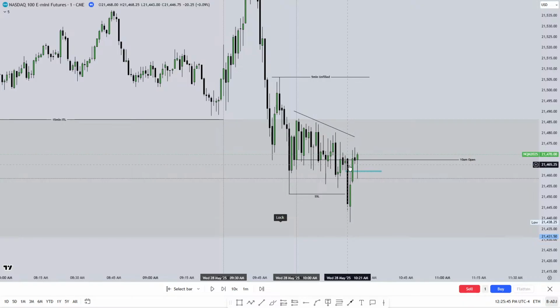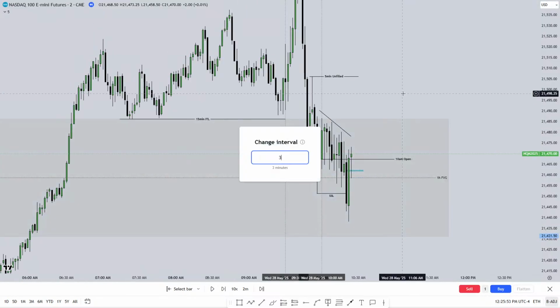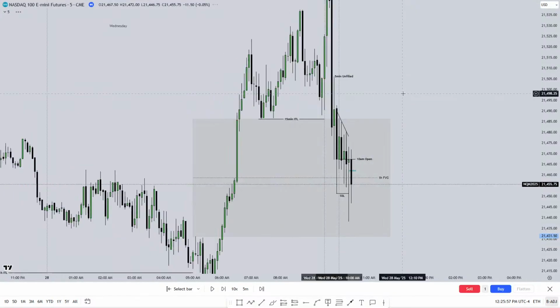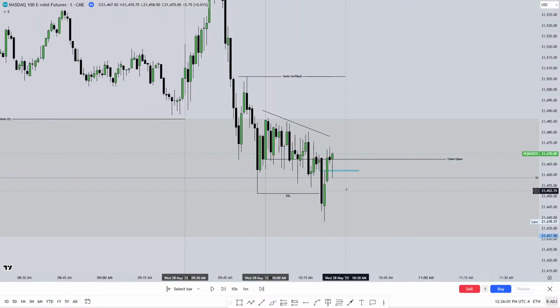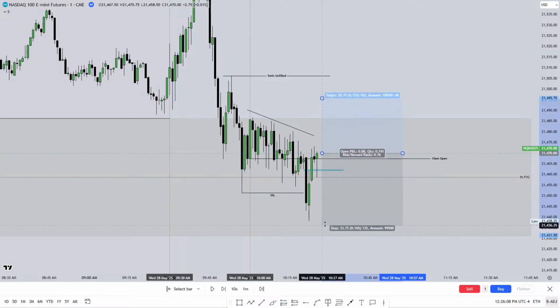Fair value gap. Order block. Is there a 2-minute? Is there a 3? Is there a 4? Is there a 5? No. So this technically could be an entry right here with a stop at this low.